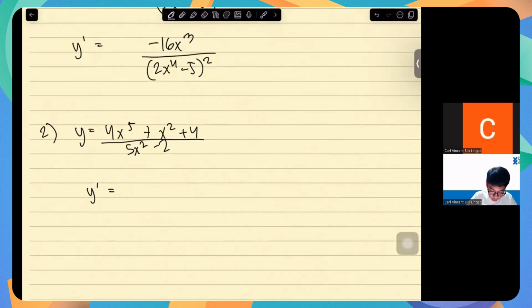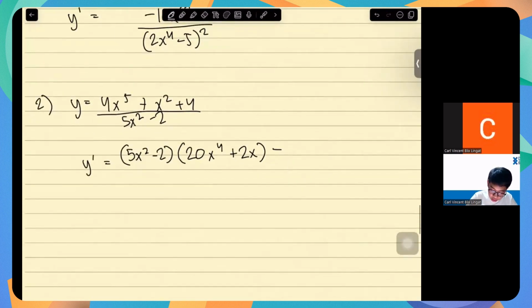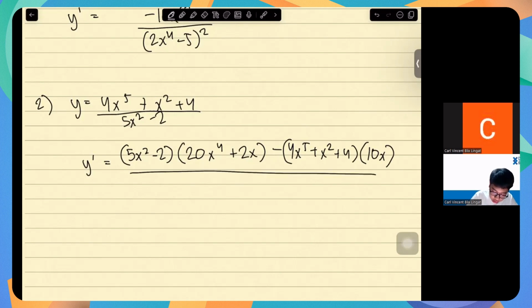So low, 5x squared minus 2, times the derivative of high, that would be 20x to the 4 plus 2x, minus high, so 4x raised to 5 plus x squared plus 4, times the derivative of low. So it's just going to be 10x over low squared, so 5x squared minus 2.